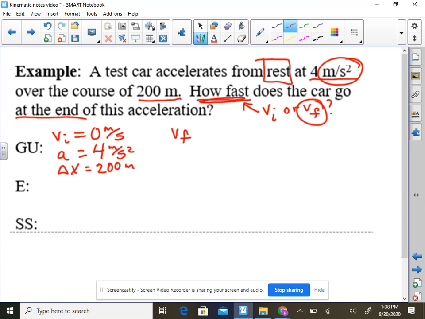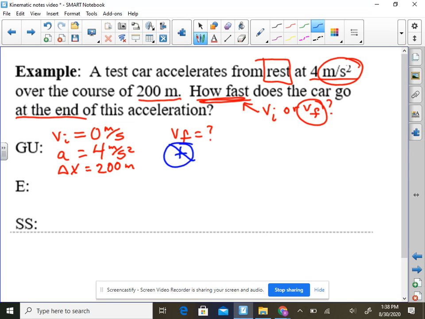Now I have to pick my equation. Now the easy way to pick your equation is to look at what are the things you have, what is the thing that you're looking for, what is the thing that you don't care about. I have one more variable that I don't know and I don't even care about. I don't know the time and I don't care about the time.